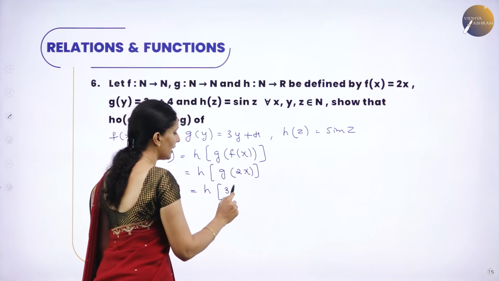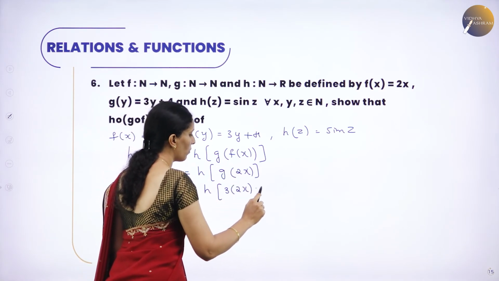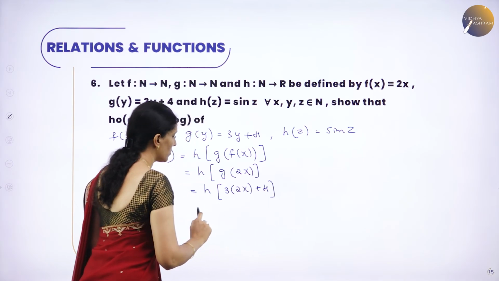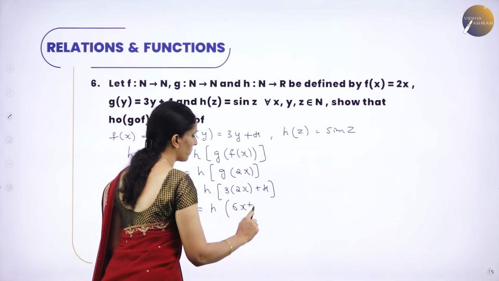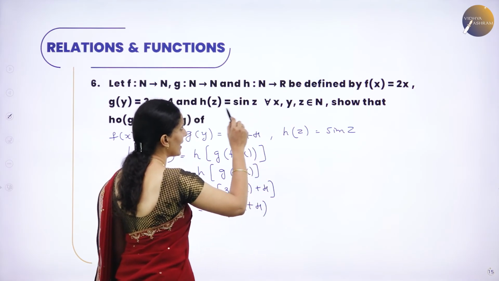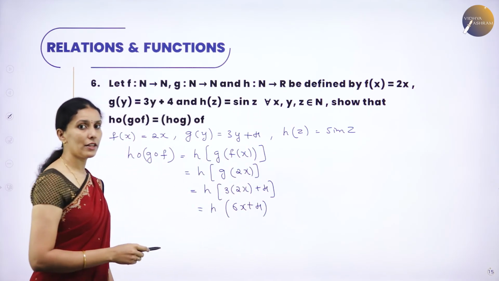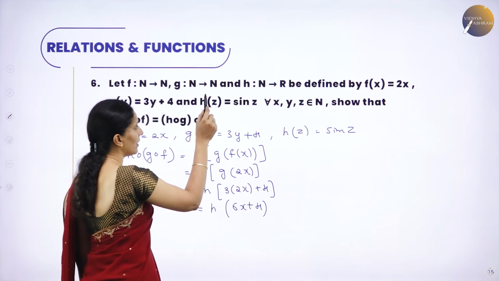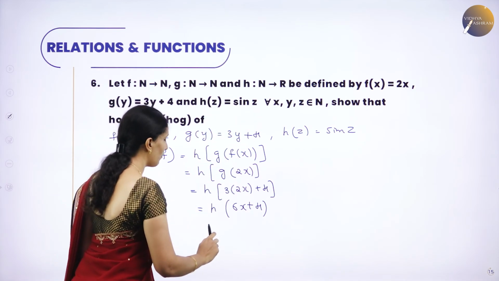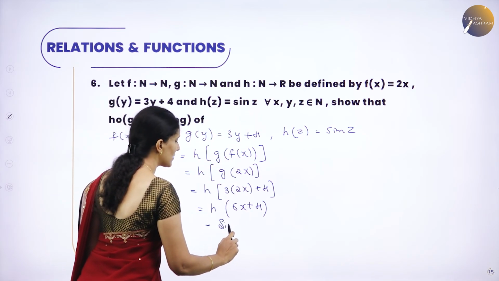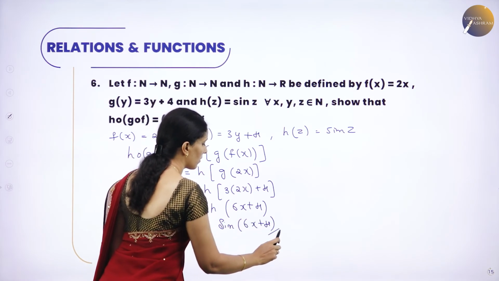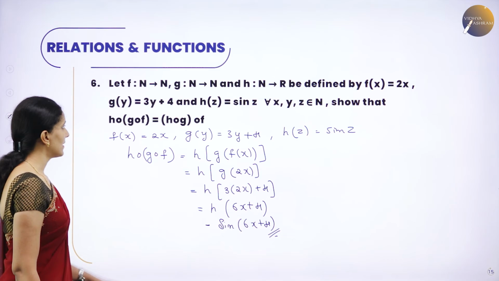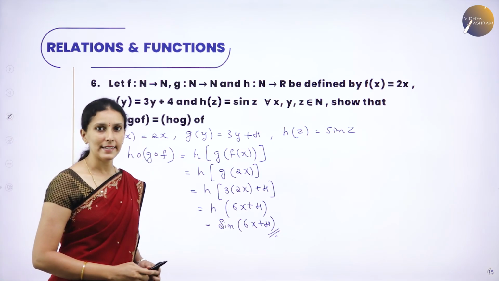I have 3 into 2x plus 4. So that means h of 6x plus 4. We have h of z in the form of sin z, so whatever z is here, it should be written in the form of sin z. So therefore it is sin(6x plus 4).